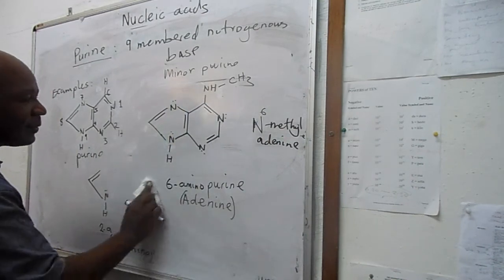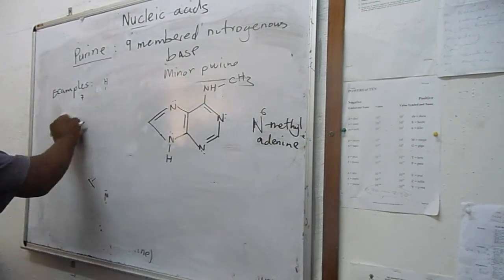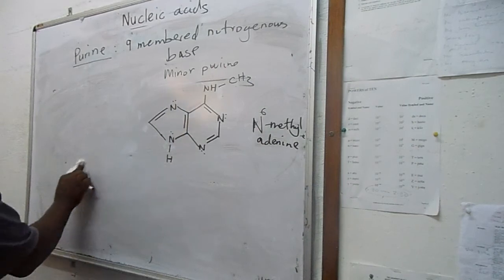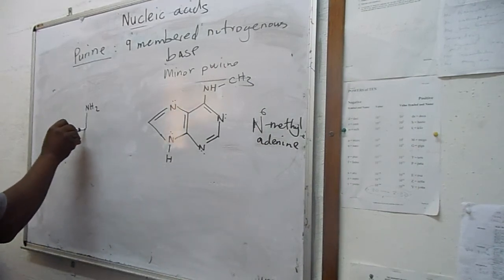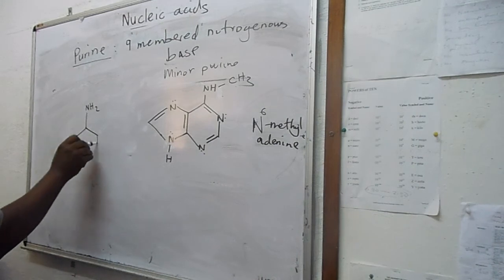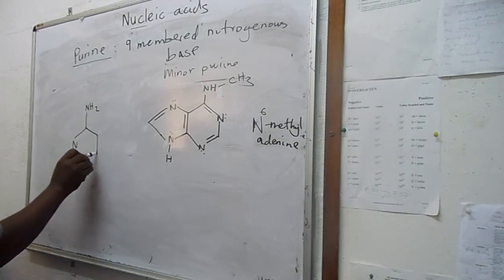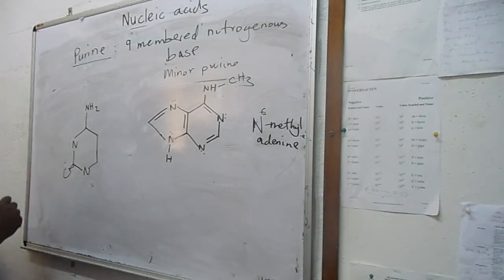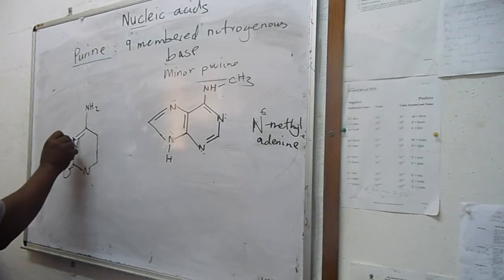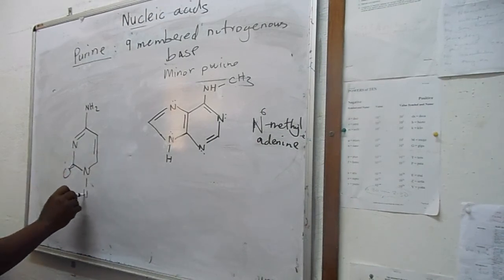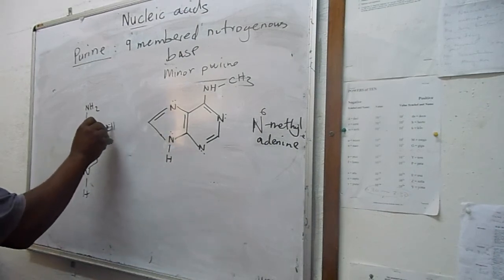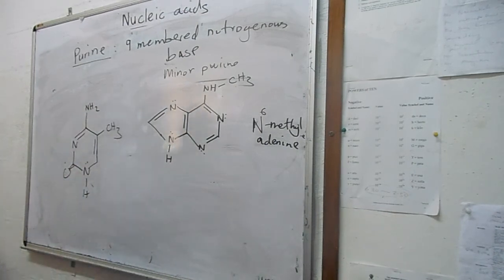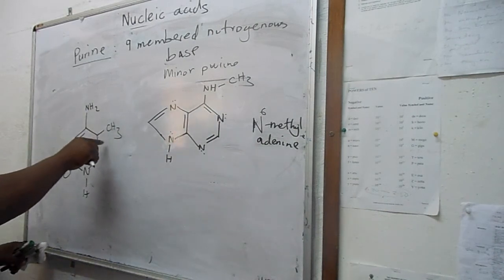I want you to contrast the nomenclature there with the one I gave you earlier. So let's look at cytosine once again. This is our cytosine. We said this cytosine can be methylated. Where is the methylation taking place?